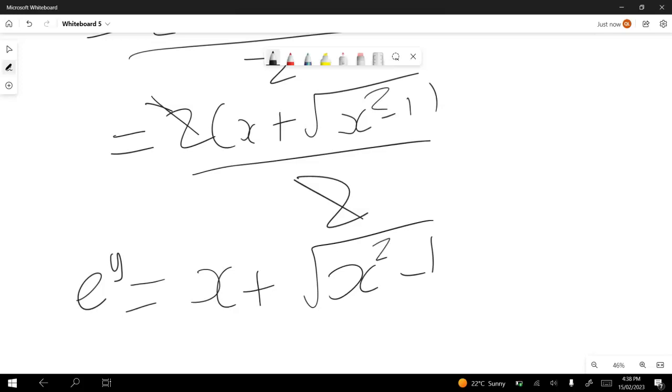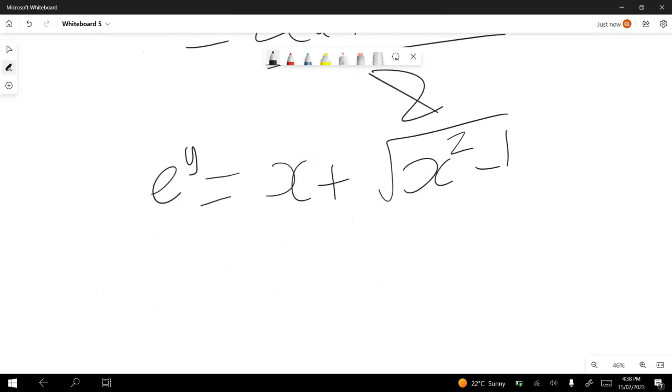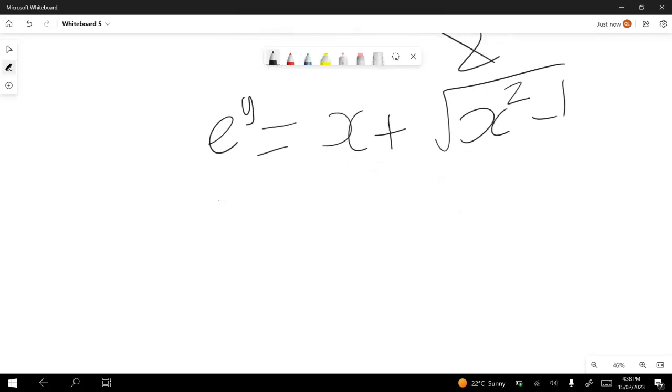What we can do, how do we get rid of this e? Well, if we take the natural log of e to the y, we just get y, right? So we want to take the natural log, so y is equal to the natural log of x plus or minus the square root of x squared minus 1.